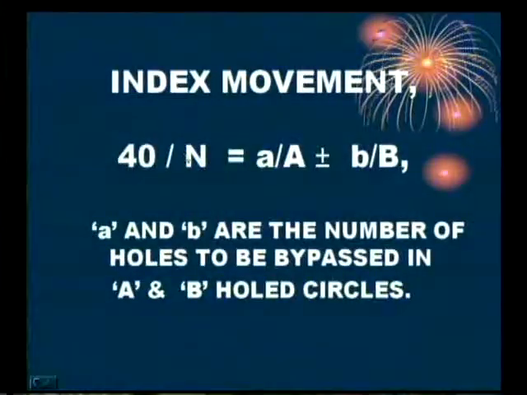So the crank may be rotated clockwise, and with the minus sign the plate is rotated anti-clockwise. If it is plus, both the first stage and the second stage movements are done in a clockwise direction. In this fashion we have to reduce the given 40 by n into a set of two fractions, so that we can do indexing using compound indexing. It is quite complicated.